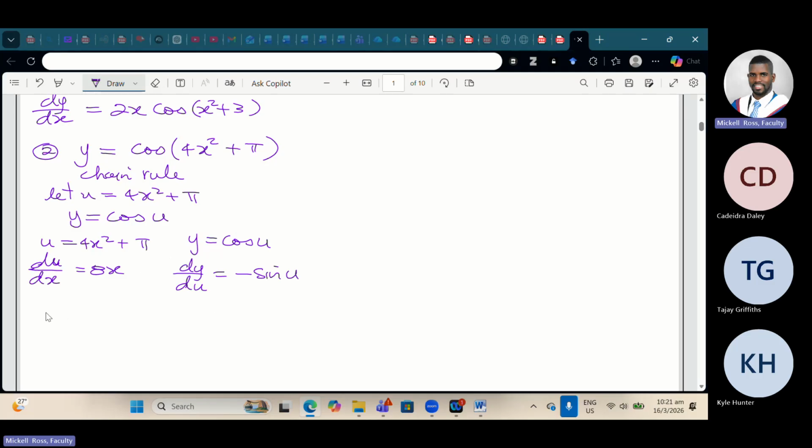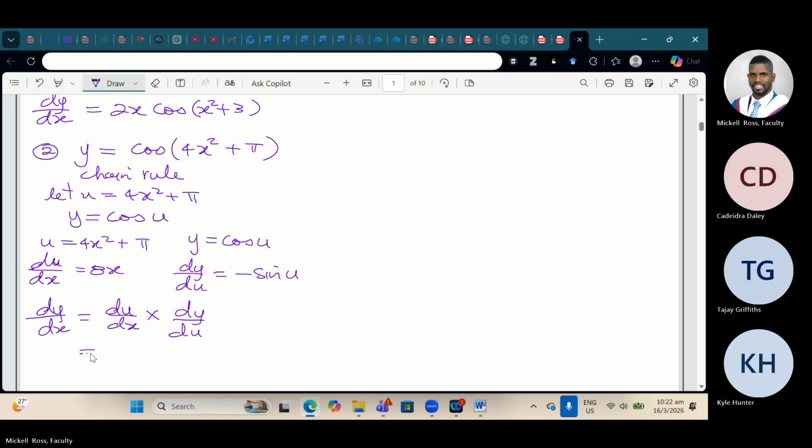So differentiating the original function with respect to x, the derivative of the function with respect to x is going to be equal to du dx times dy du. So you have to multiply these two things.